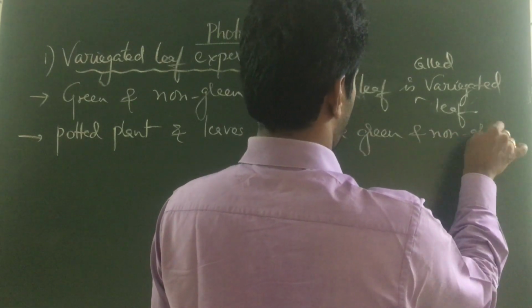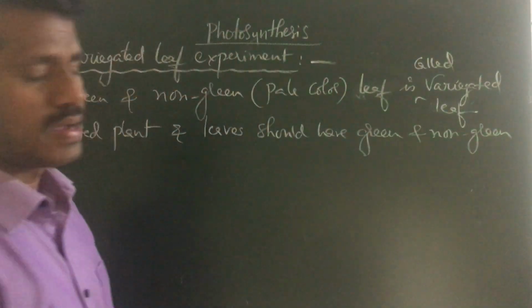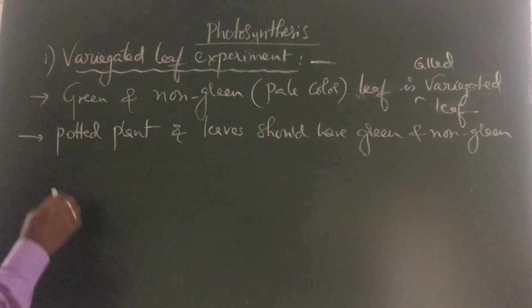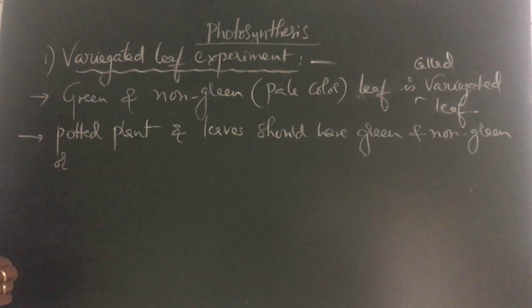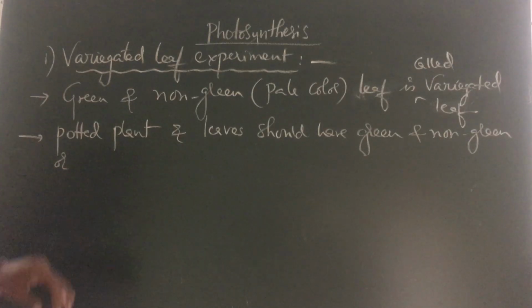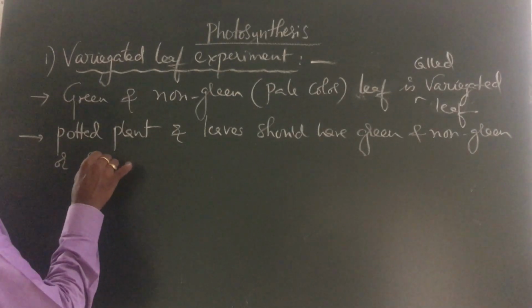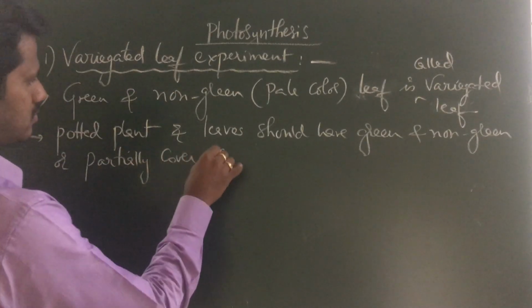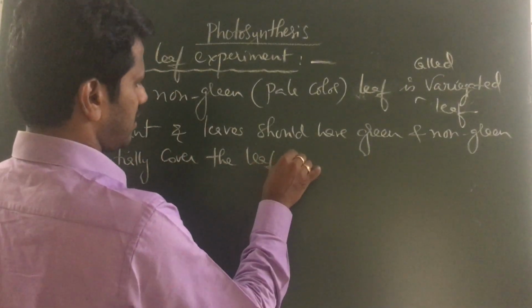Or if at all you have completely green color leaves, you can partially cover them with black paper. Cover the leaf with black paper.